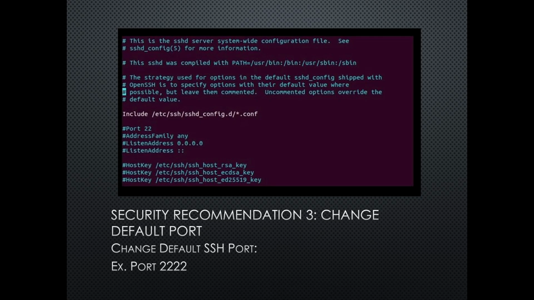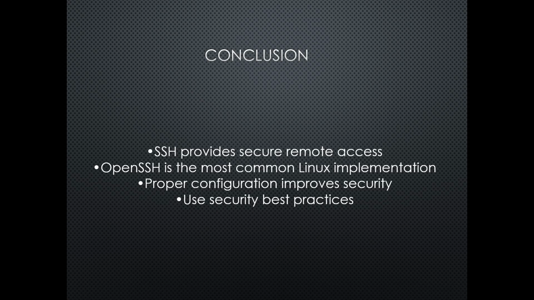So, finishing up here, SSH is a protocol used for secure remote access and server management. OpenSSH provides a reliable and widely used implementation on Linux systems. However, proper configuration is essential to maintain strong security.